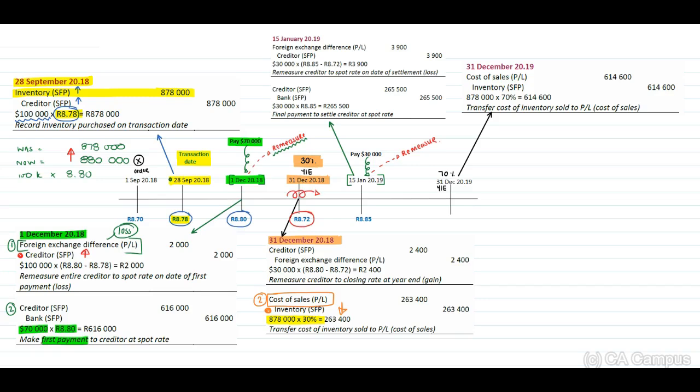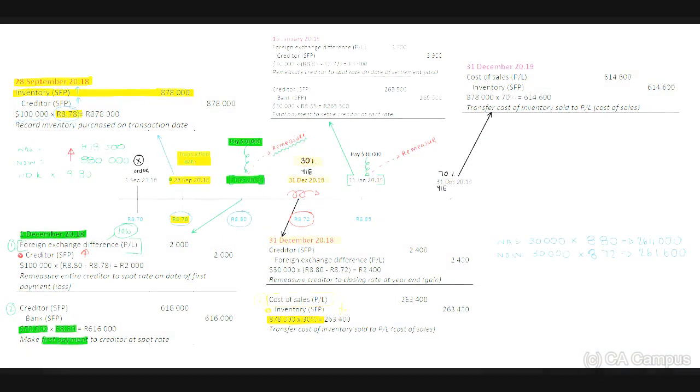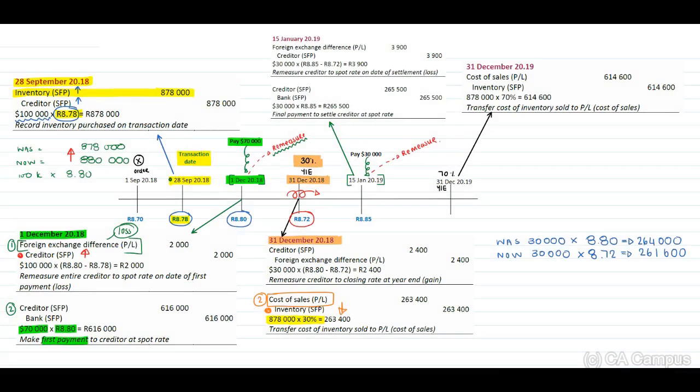We need to remeasure our creditor. Now again, guys, our creditor was this 30,000, which is the remaining portion, times 8.80. Now it is the 30,000 times 8.72. Therefore, it was 264,000.